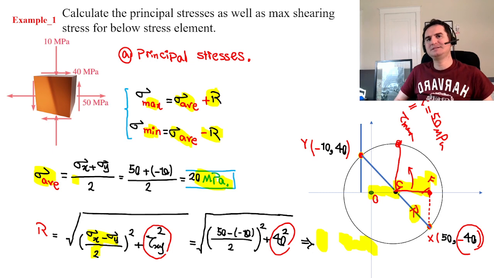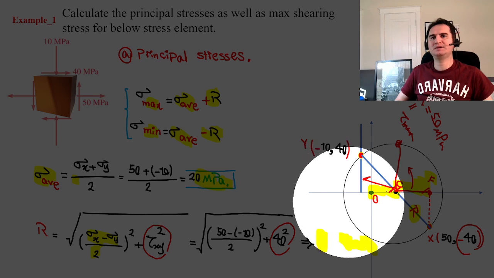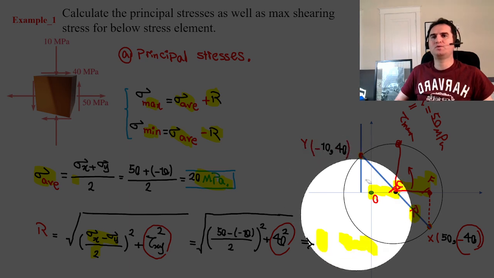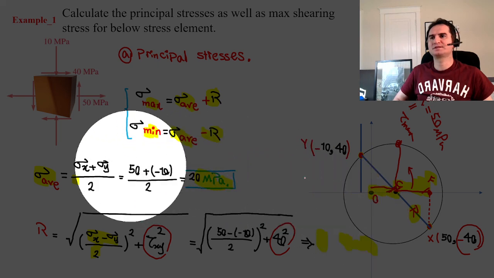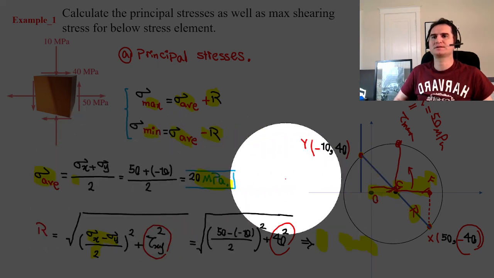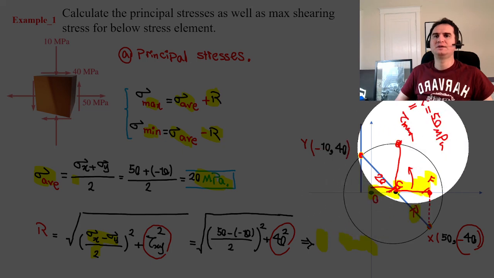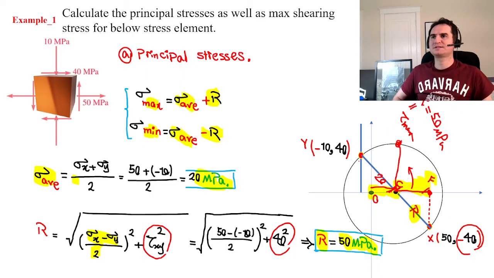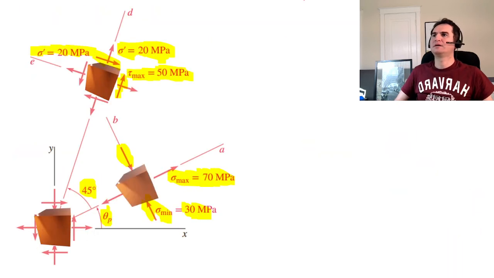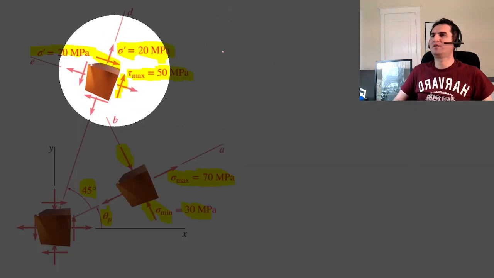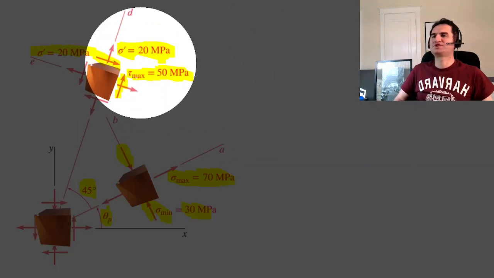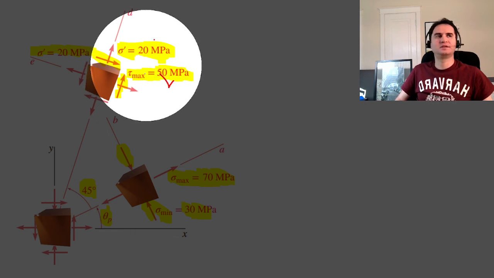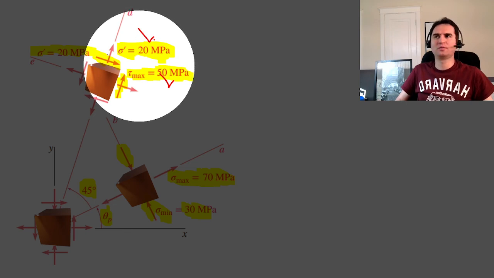And you can easily see sigma x for that plane is simply sigma average, from O to C, which is 20 megapascal. That is how these 20 and 50 come in: the plane of maximum shear has 50 megapascal in shear and 20 megapascal in normal stress.